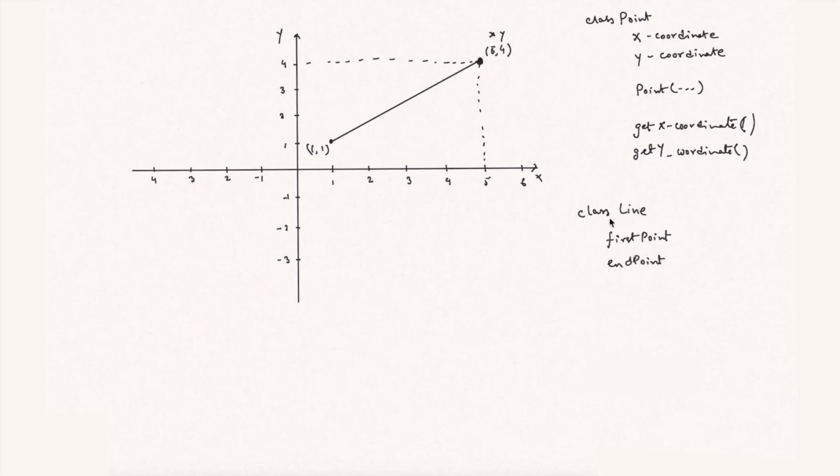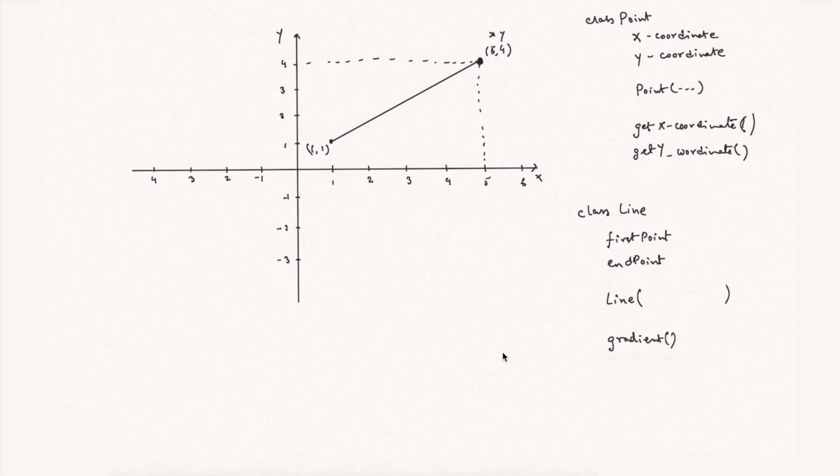So these two would be the attributes of line. We can have a line constructor where we put in the parameters to construct a line. And then we'll also have, let's say, a method where we're getting the gradient of the line. So we can have gradient as a method.